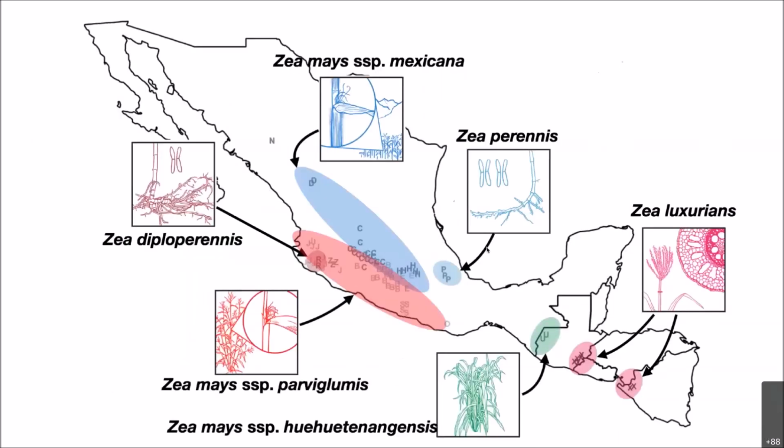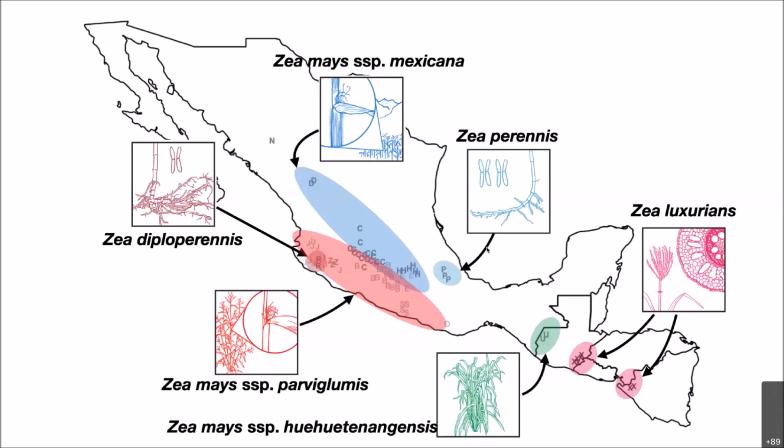But teosinte, as I've alluded to, is a broad term referring to all of the taxa in the genus Zea. And so this is showing most of the taxa in Zea. There are a number of wild species. They vary in a bunch of different phenotypes and adaptation to different environments. Some are perennial and distributed across Mesoamerica.